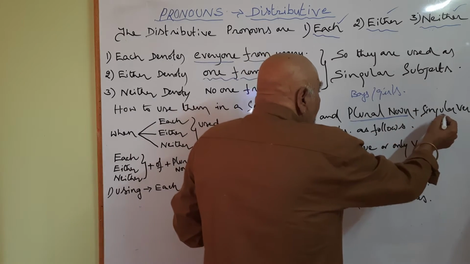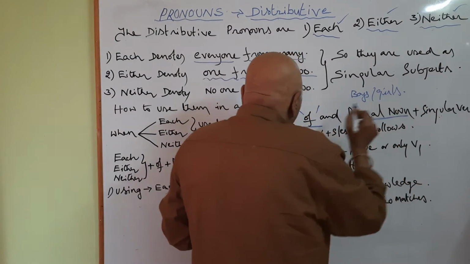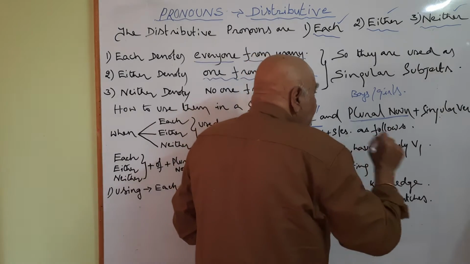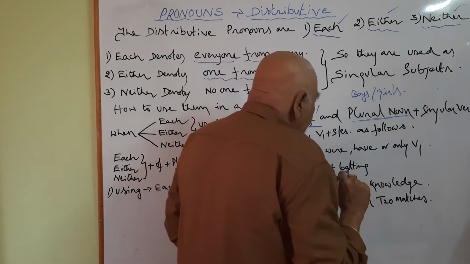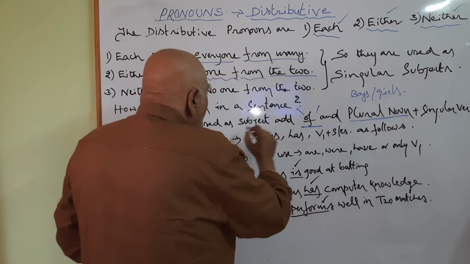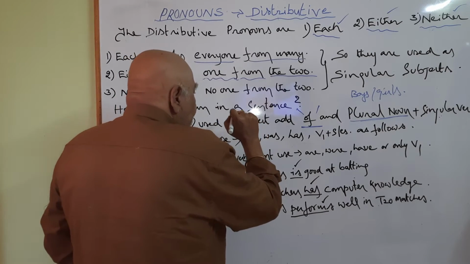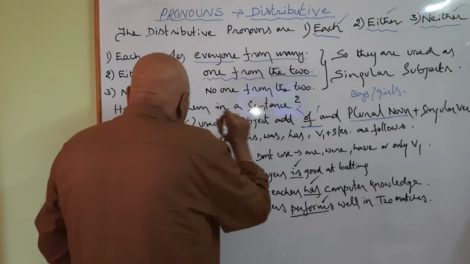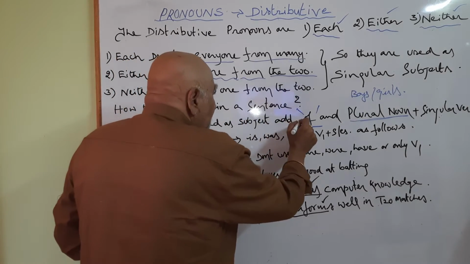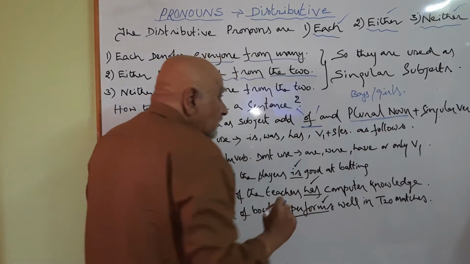The verb is not referring to the plural noun. The verb is referring to one among many. So when each is used as subject, either used as subject, neither used as subject, plus of, and plural noun, not singular noun.